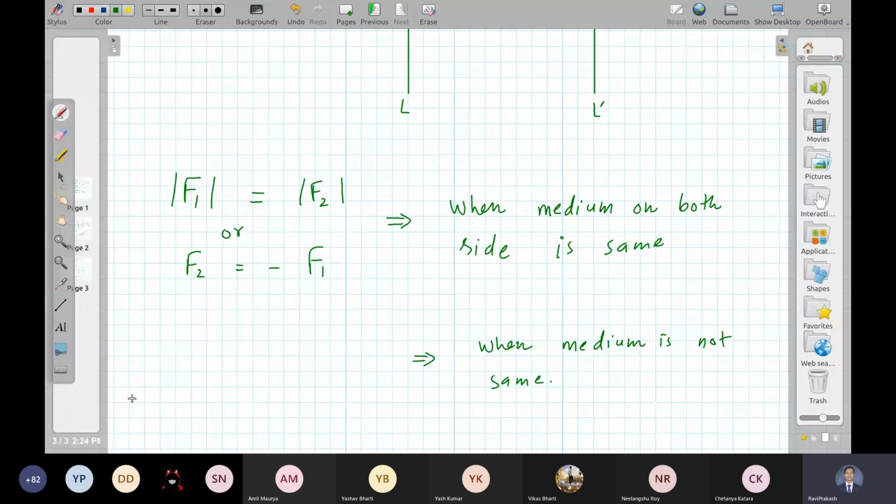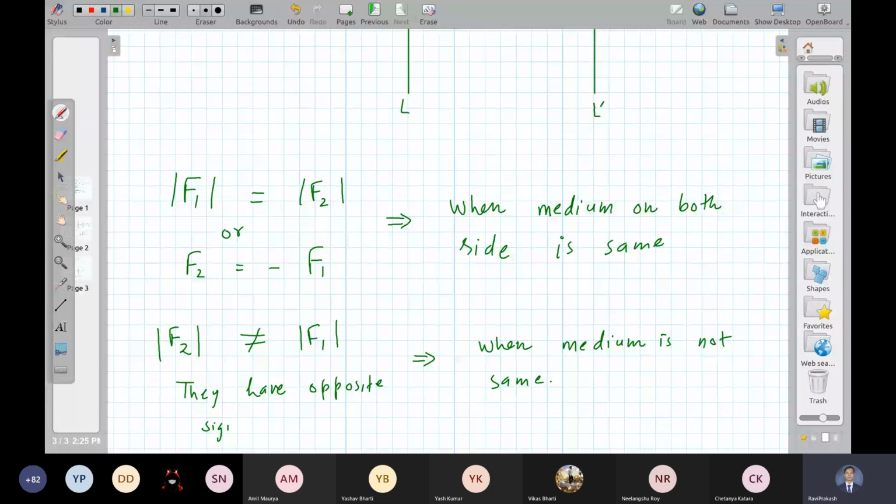They are opposite to each other, but they are not the same in magnitude. Mod of F2 is not equal to mod of F1. Okay, but they have opposite sign. Opposite sign फिर भी होगा. So if one of them is positive, the other one is negative.